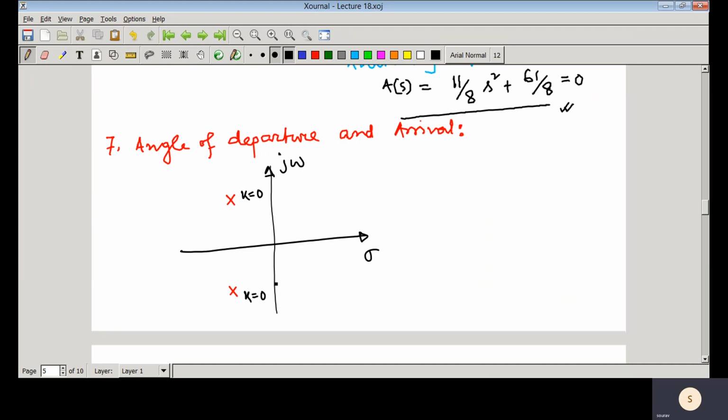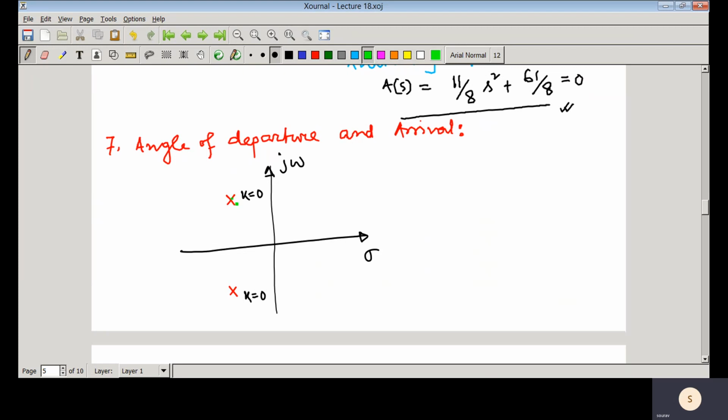the root locus starts from that open loop pole. So now the question is, when k starts increasing, how will that closed loop pole be changing and what would be its direction?